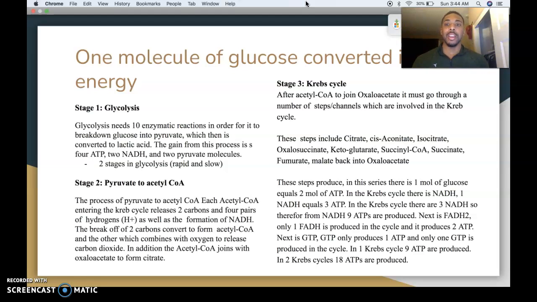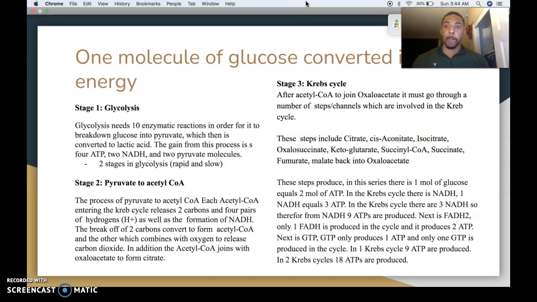Glycolysis needs 10 enzymatic reactions in order to break down glucose into pyruvate, which then is converted into lactic acid in phase 1. Phase 1 is considered anaerobic, therefore not needing oxygen, and the end product is lactate.